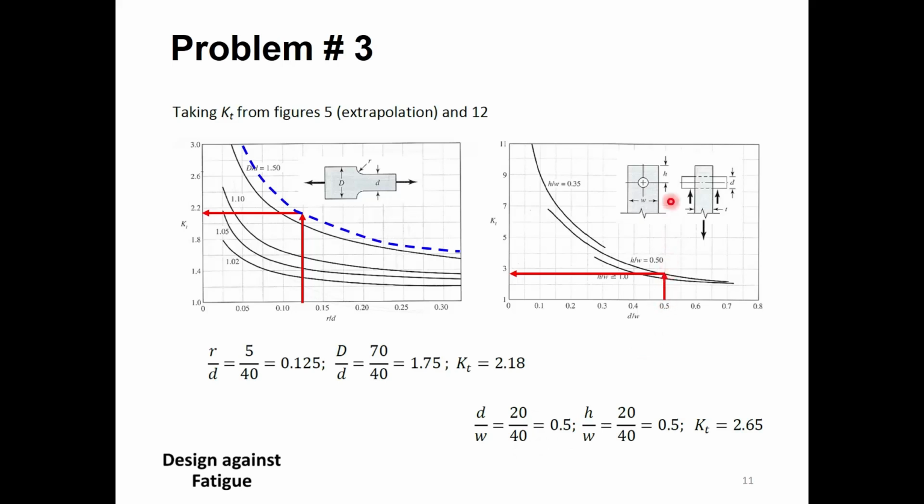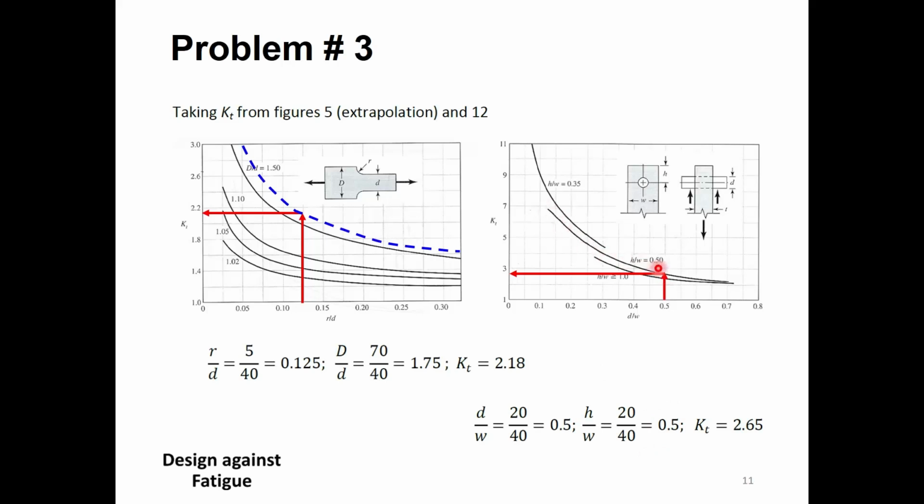So we have to draw a vertical line, and then intersect with one of these three curves based on the ratio between H and W. H is the distance between the edge and the center line of the hole, which is given as 20 here. The width of the plate towards this end where we have a hole is 40, which is the smaller width actually. So this ratio is 0.5.